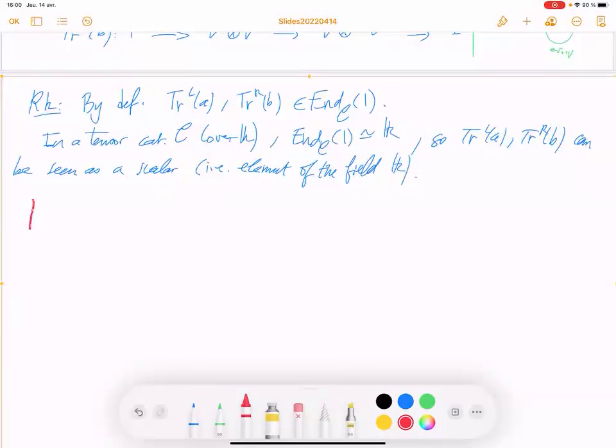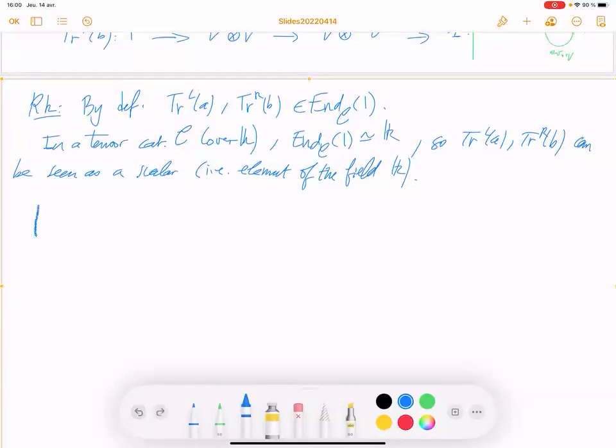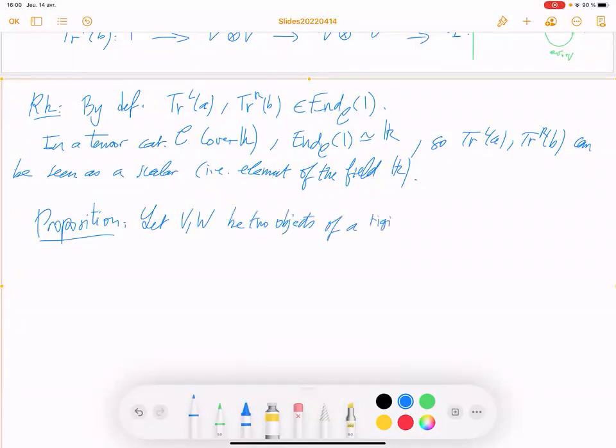So proposition. Let V, W be two objects of a rigid monoidal category C. You take, as above, a morphism A between V and V double star.